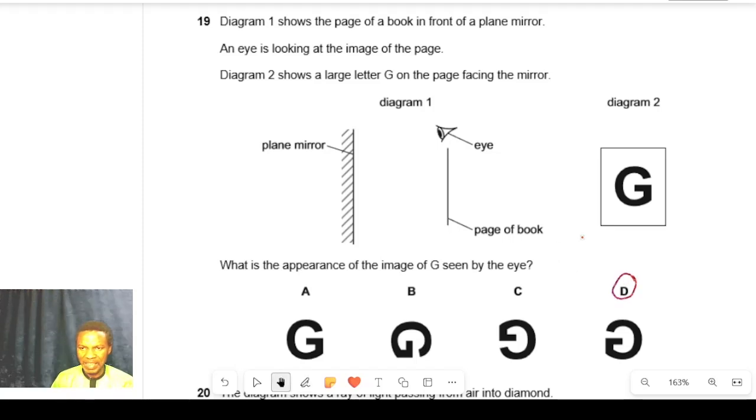So quickly, let's revise the properties of the image formed by a plane mirror. Let's quickly review it. The image is at the back of the mirror, so it cannot be formed on a screen, so it is virtual. The image is upright, that is erect.